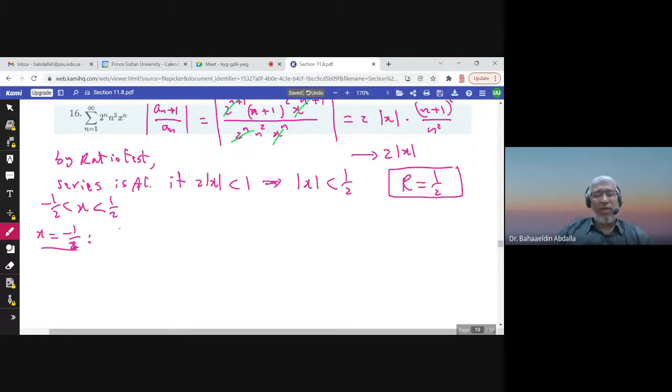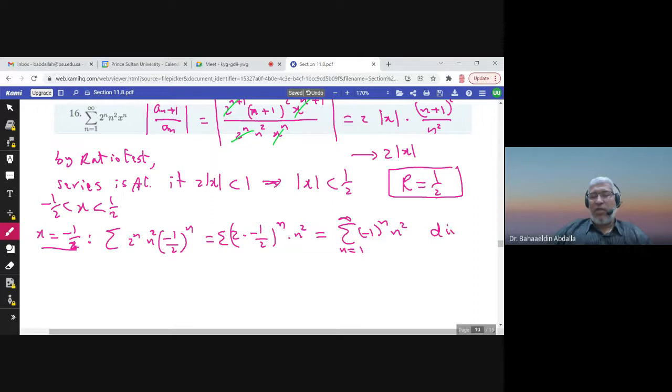If I replace x by negative half, to the power n, this is power n, this is power n, so I can multiply 2 times negative half to the power n times n squared. And 2 cancels with 2, and I'll have negative 1 to the power n times n squared.